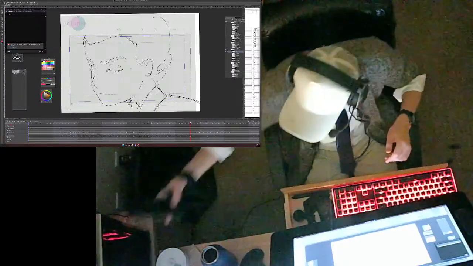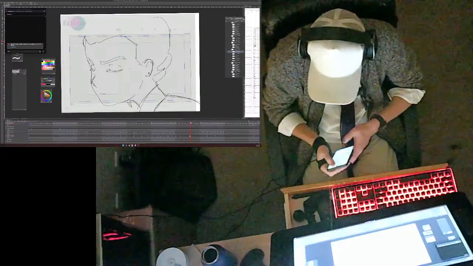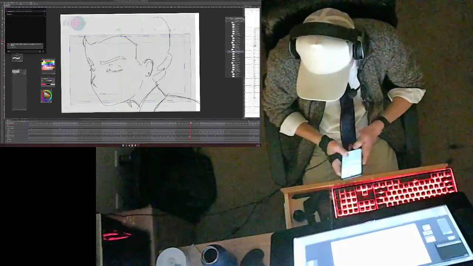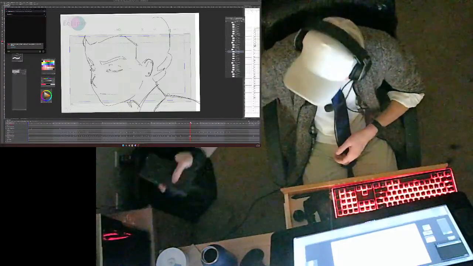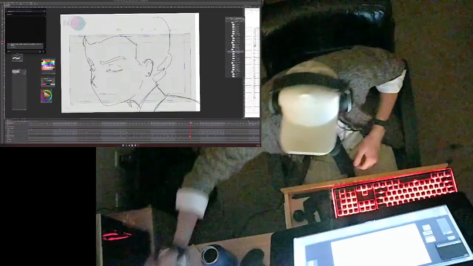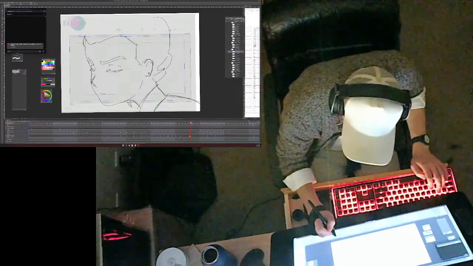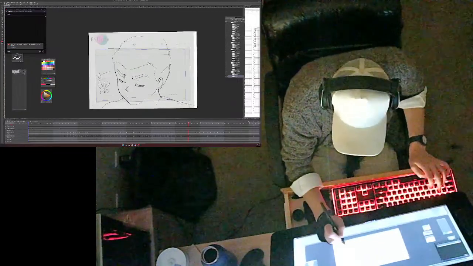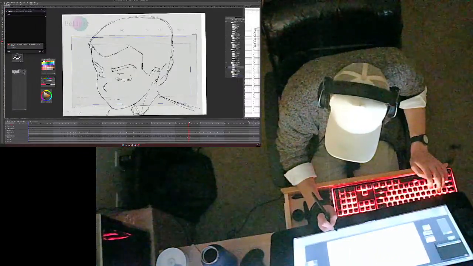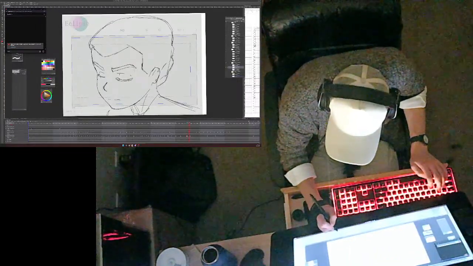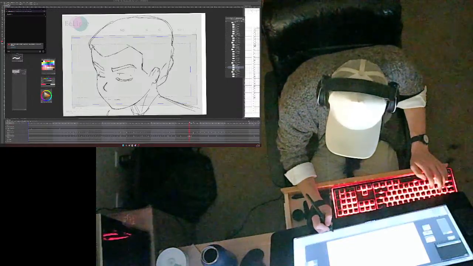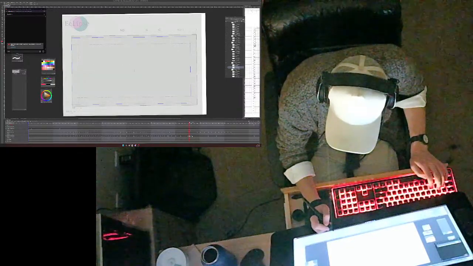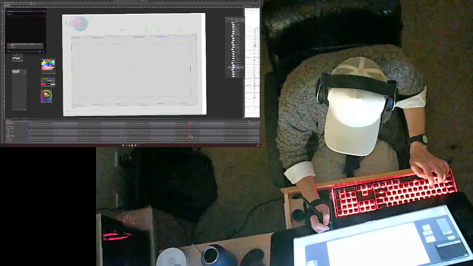And then once I finish a medium rough, medium refined pass of all of that, I can pick it apart.